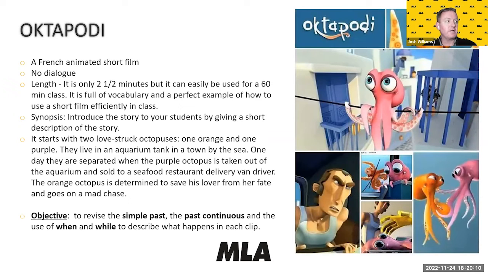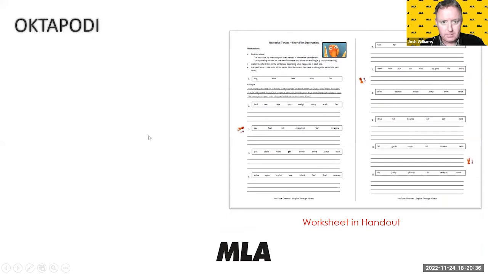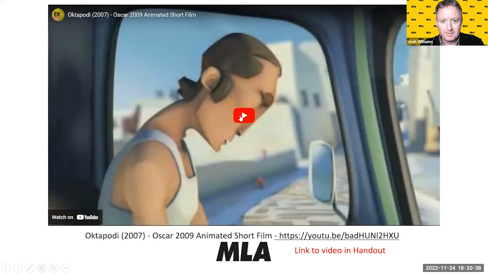One of the tasks in B1 and B2 and even C1 and C2 Cambridge exams is describing a picture, but why not make it even more interesting by describing a video? Exactly, yeah. We will have a look at this since it's only short, so let's get this started. If I can start it. Cool. Here we go.